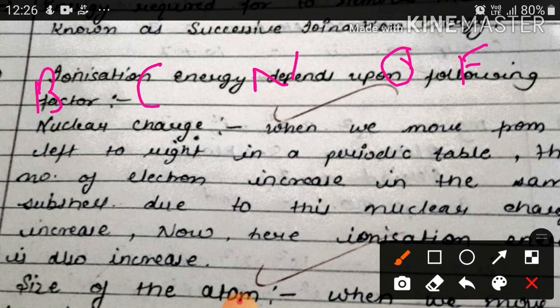The atomic number of boron is 5, carbon is 6, nitrogen is 7, oxygen is 8 and fluorine is 9.